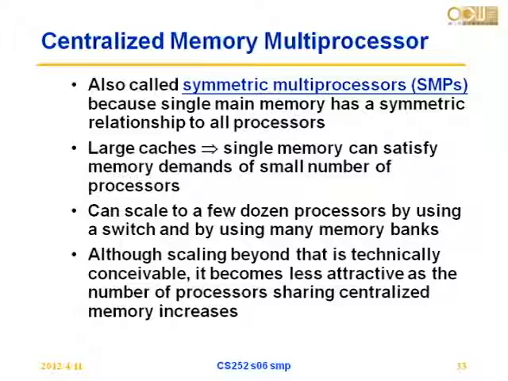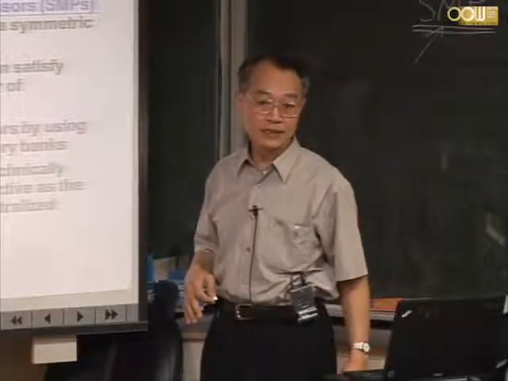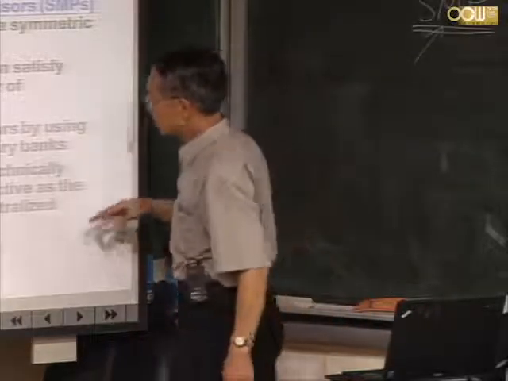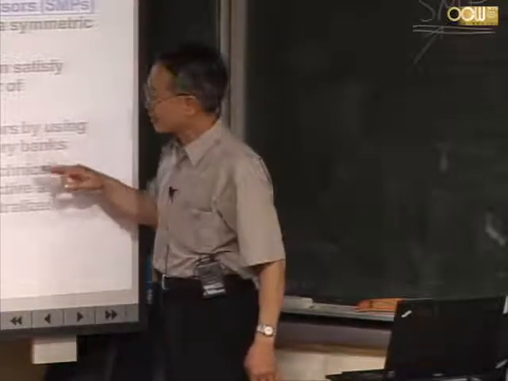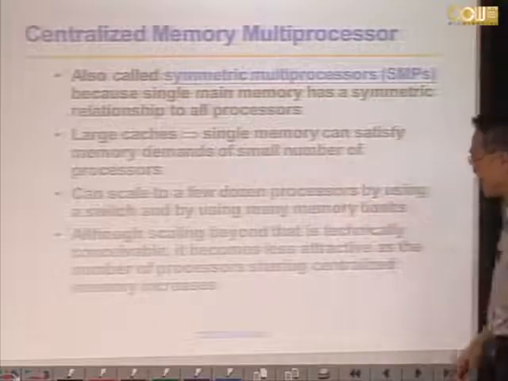Although scaling beyond that is technically conceivable, of course I can attach more and more processors using a more complicated network like a mesh or whatever, contention could be very high, particularly the contention to the memory module or modules. So practically you cannot have too many processors.